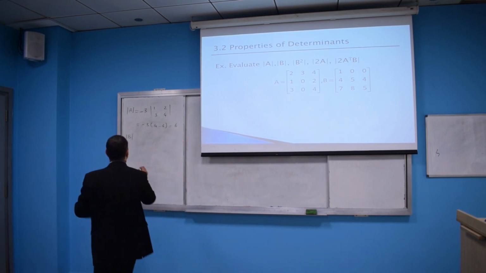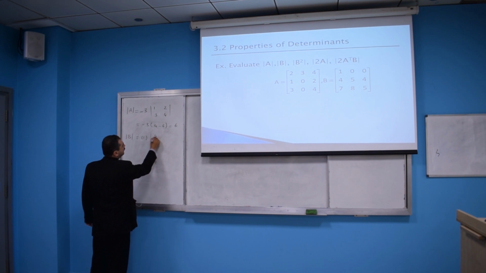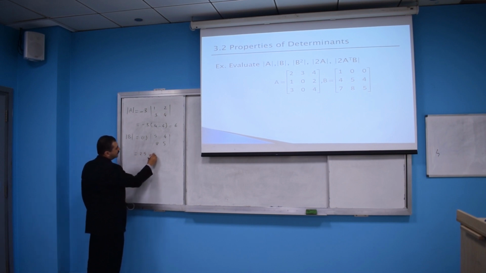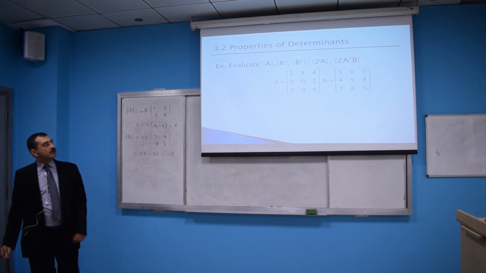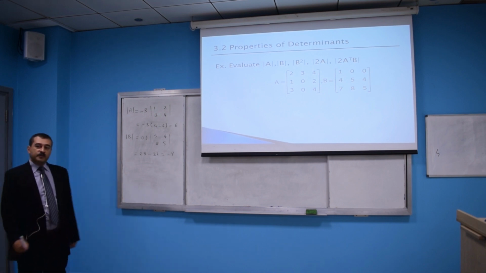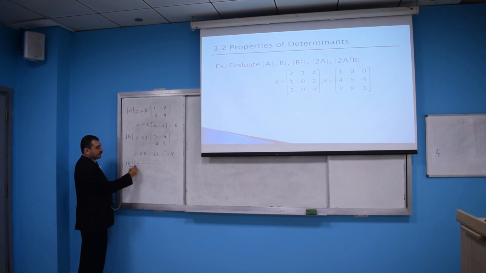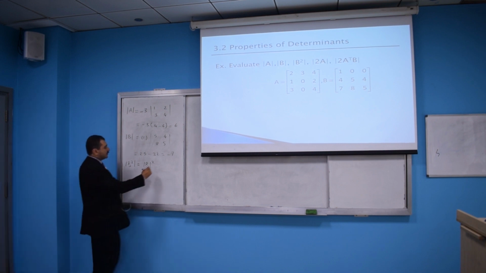The minor is 5, 4, 8, 5, which is 25 minus 32. So what is the determinant of B square? It's the determinant of B power 2, which is 49.